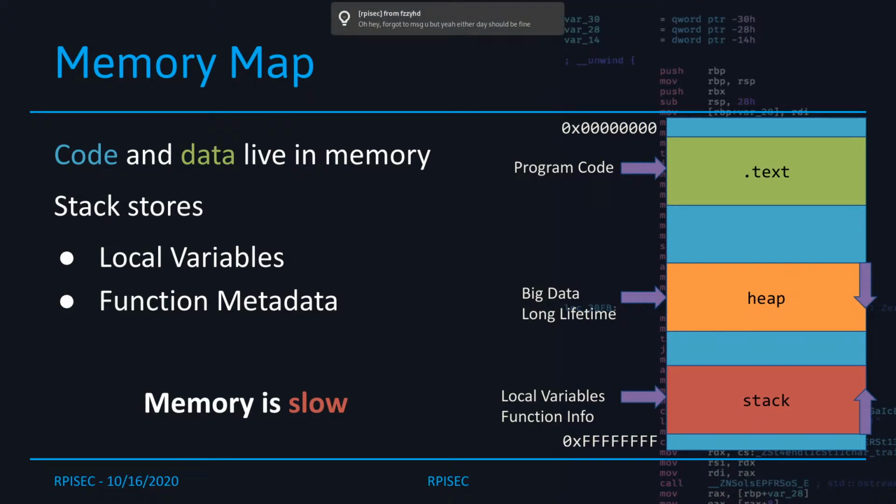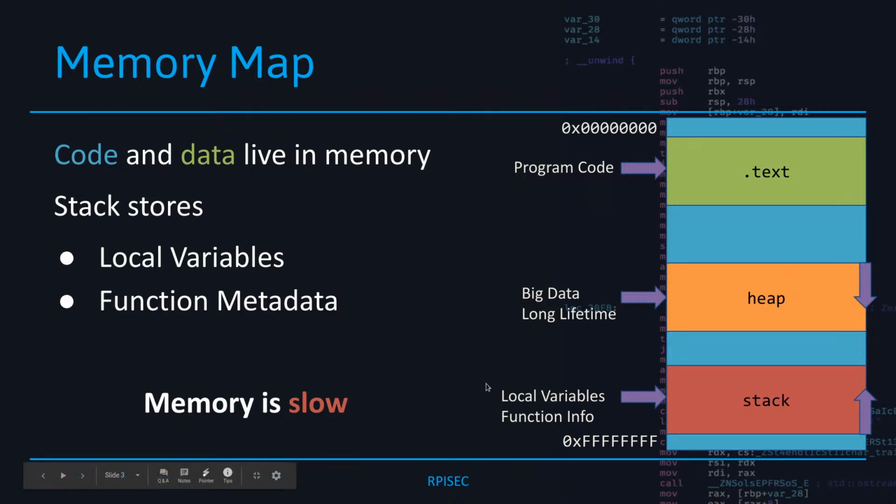The way that it does that is it takes the address that it was called at and pushes that onto the stack. So the stack is going to store things like return addresses, saved base pointers, and also local variables.